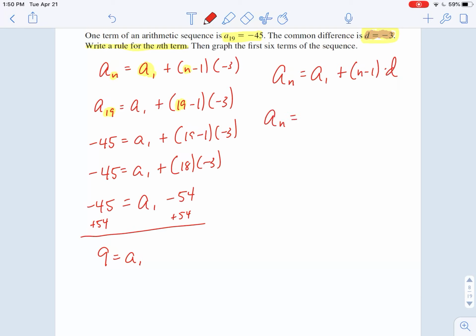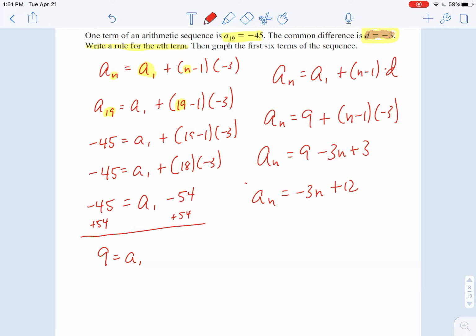So a sub n is equal to 9 plus n minus 1 times negative 3, and we're going to have to do some simplifying here. 9 minus 3n plus 3, so the nth term is negative 3n plus 12. That is the nth term.